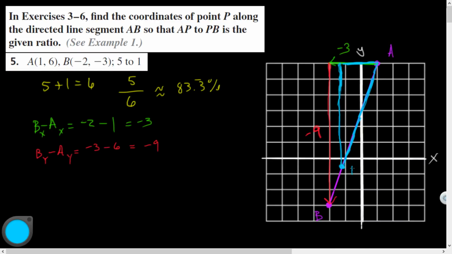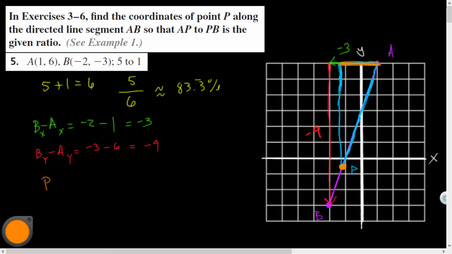So I'm trying to find point P here. What's a good color for P? I think I was using orange. I'm going to call this orange. So if I want to find out this distance, I'm going to multiply 5/6 times -3. That's going to be 83.3% of that number.